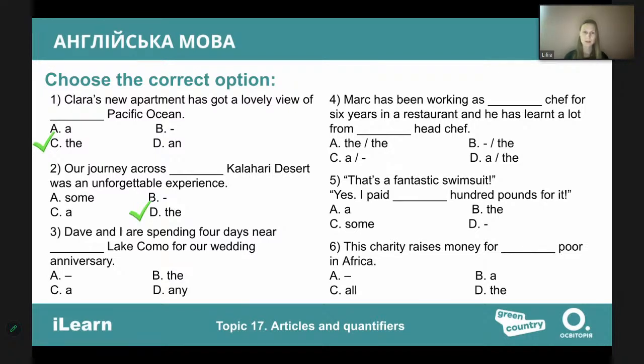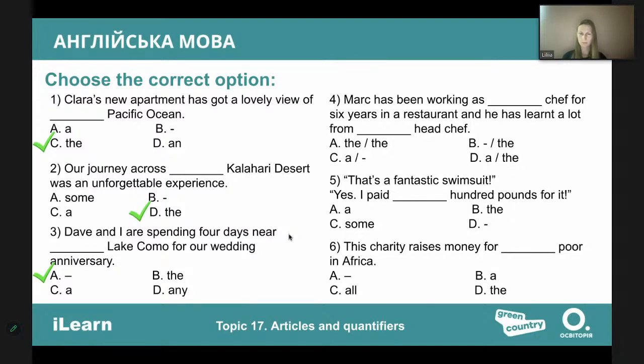Number 3, Dave and I are spending 4 days near Lake Como for our wedding anniversary. And A is right, no article, near Lake Como. Number 4, Mark has been working as a chef for 6 years.